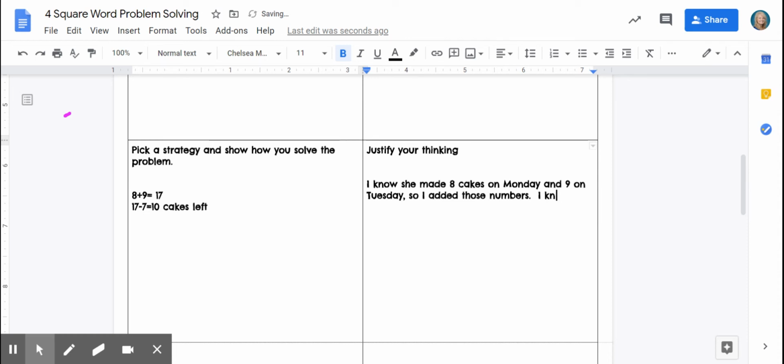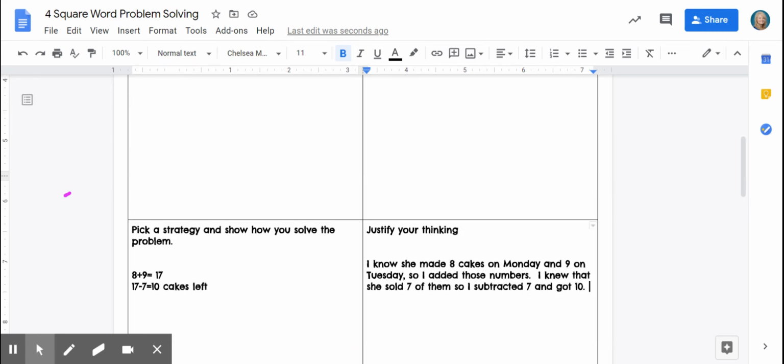I knew that she sold 7 of them, so I subtracted 7 and got 10. So I'm just justifying my thinking. Why did I think it was adding? Because she made some and she made some more. How did I know it was subtraction? I knew she sold them, so I subtracted. So you're just proving to me your answer, okay?